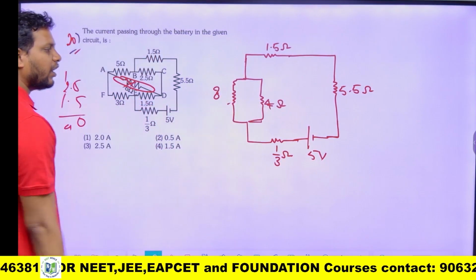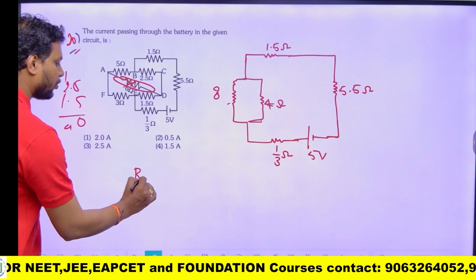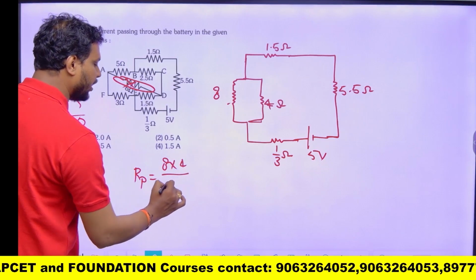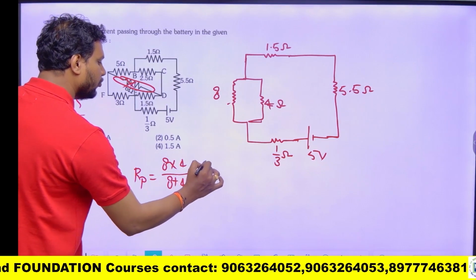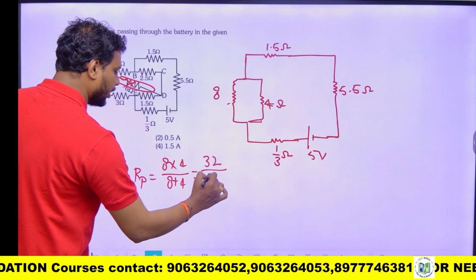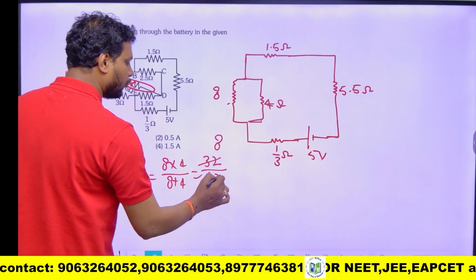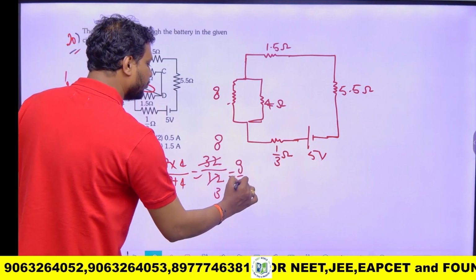Now 4 and 8 are in parallel. What is the effective resistance? In parallel it is R1 R2 divided by R1 plus R2, which is 8 fours are 32 divided by 4 plus 8, which is 12. So 32 by 12 is equal to 8 by 3.